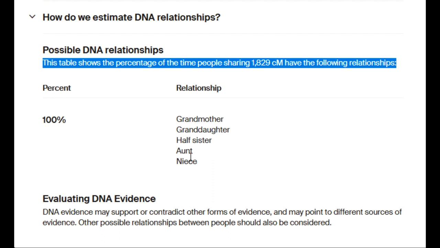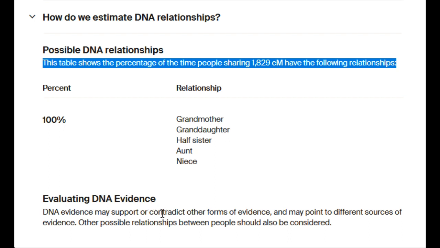I'm saying all that to say it's going to take work sometimes to figure out these relationships, especially if you don't know. I had no idea who my cousin Jay was. So also you can see here, evaluating DNA evidence.